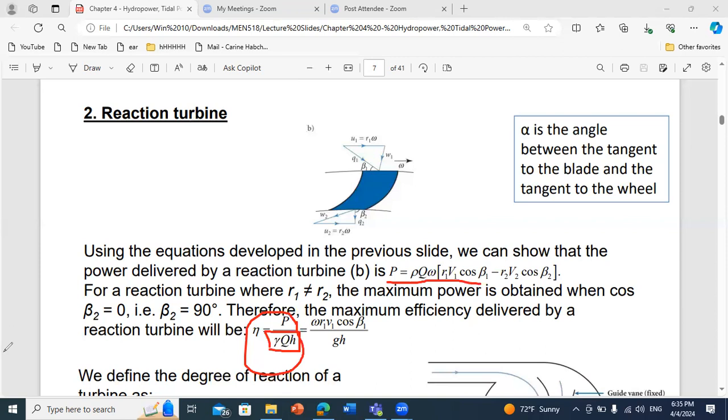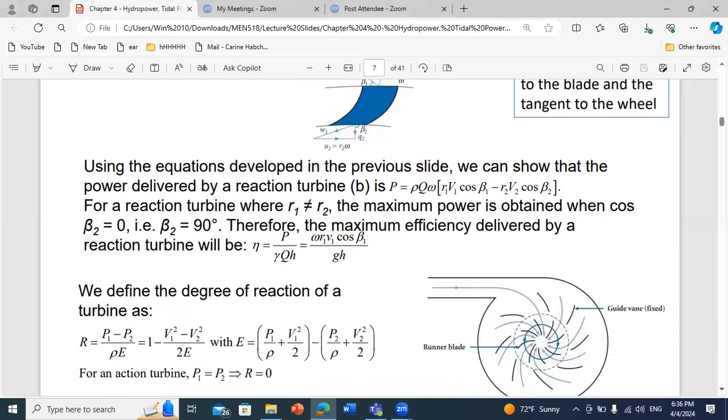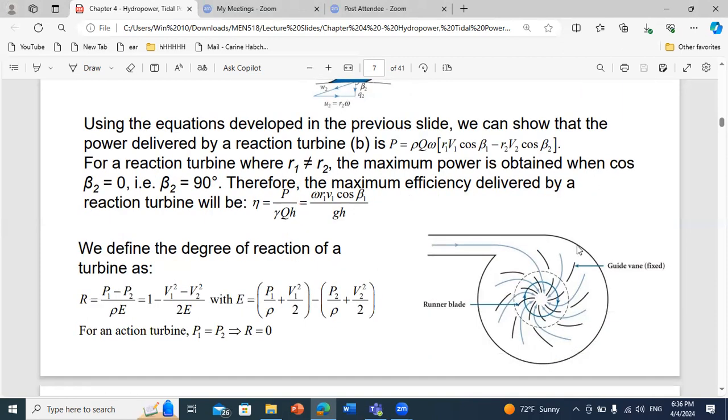Now, as we said, one of the main differences between impulse and reaction turbines is that in an impulse turbine, the whole energy is kinetic at the inlet of the turbine, and it's transformed to rotational energy. While in reaction turbines, at the inlet of the turbine, you have energy in two forms, in form of pressure and in form of kinetic energy.